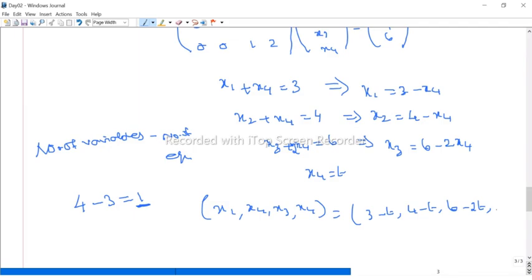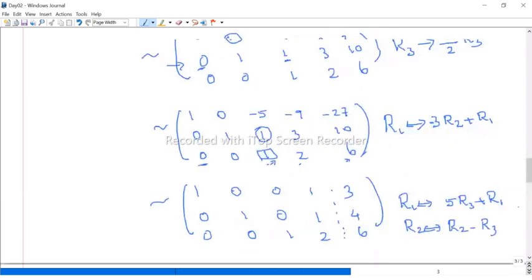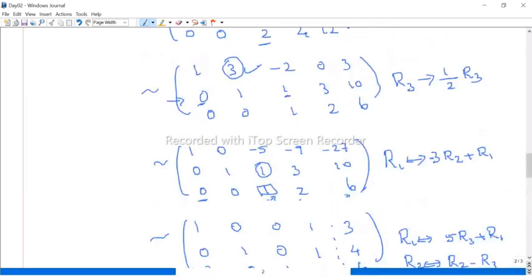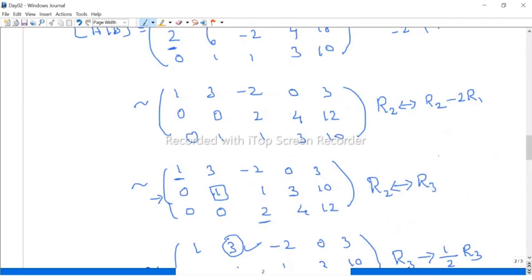And what is x4? t. So this is a solution. If you give some values to x4, we get a solution. So now we easily find the solution. Therefore, if you reduce the given matrix into row echelon form or reduced row echelon form, we can easily solve the problem.